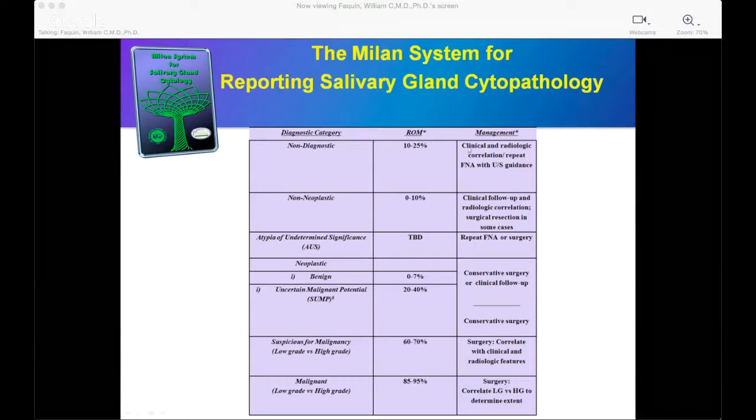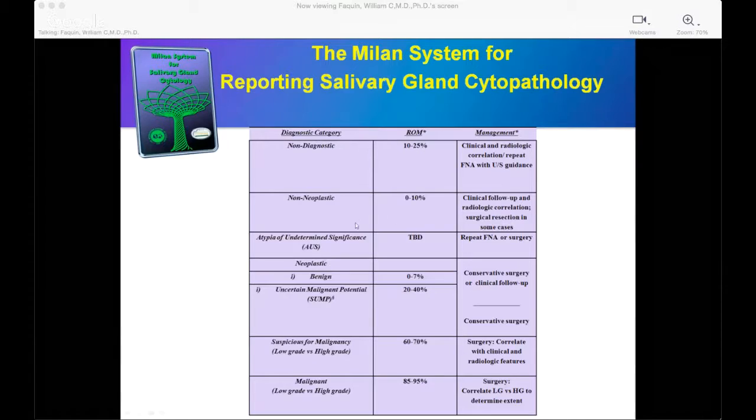And the clinical management for these would be very careful clinical and radiologic correlation and repeat FNA under ultrasound guidance. And then if that doesn't work, the potential for either core biopsy, open biopsy, or surgical resection would be considered.